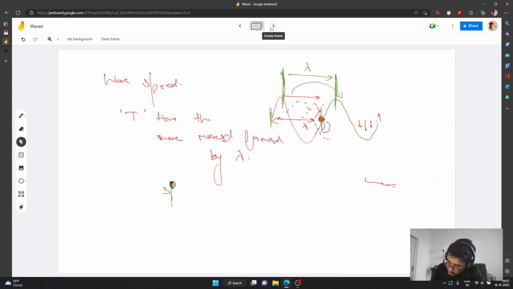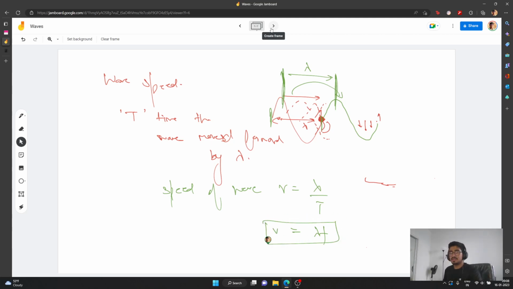So the speed of the wave, which we say is v, is equal to the distance moved, which is lambda, in time T, and we know 1 by T is f, so v equals lambda into f. So very important formula.